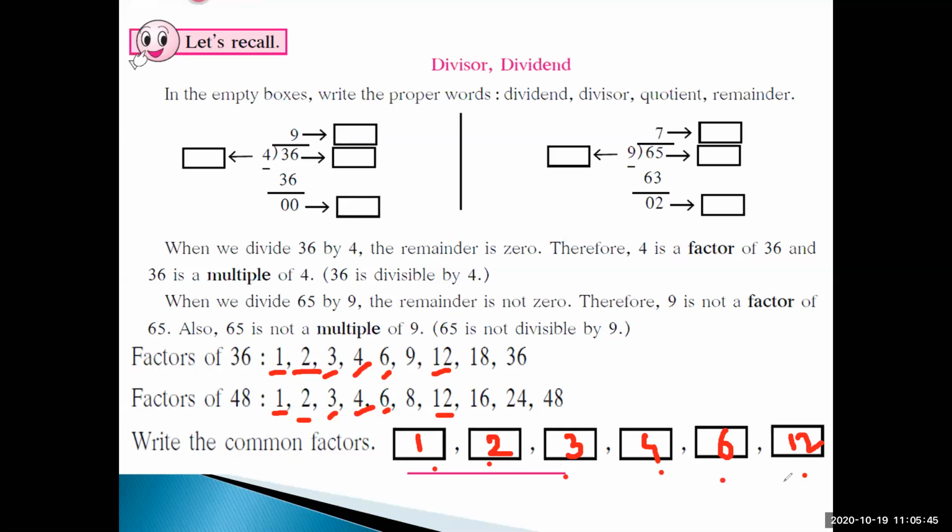Now what is the highest common factor amongst these numbers? Only 12. So our HCF would be 12, because we find the factors of 36 first, then we have to find the factors of 48.